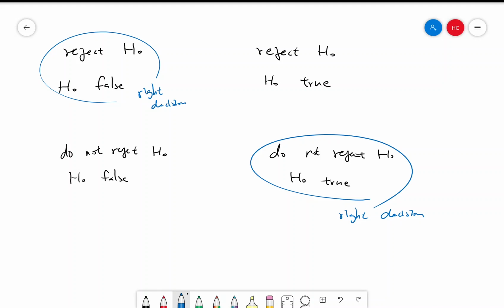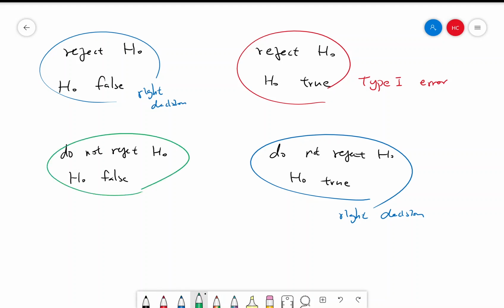But in the other two, we make some sort of errors. So they have different names. If H0 is true, but we rejected it, this is called a type 1 error. And if H0 is false and we do not reject it, this is called a type 2 error.